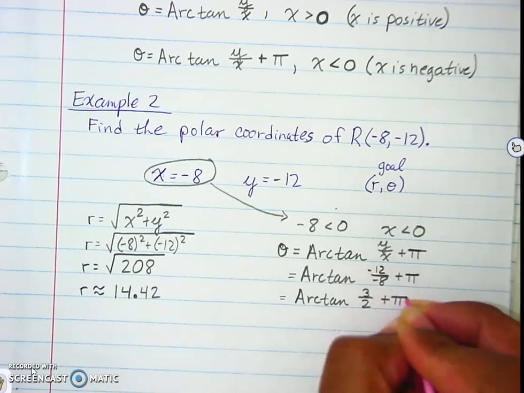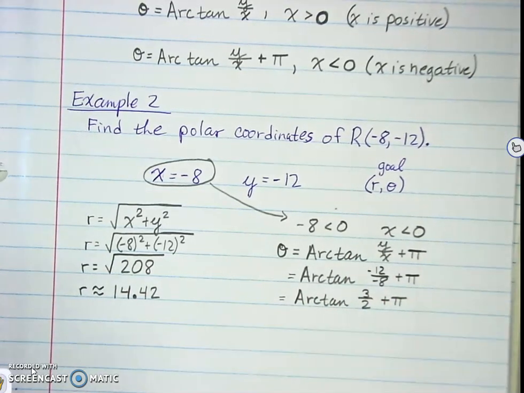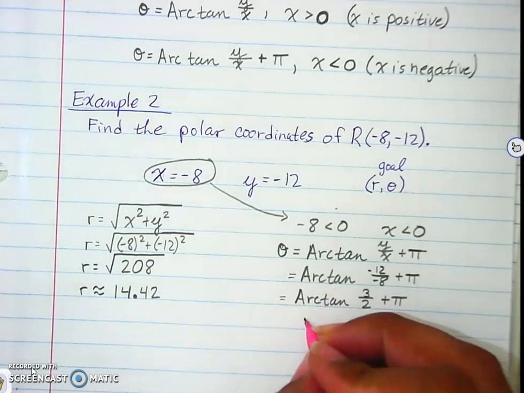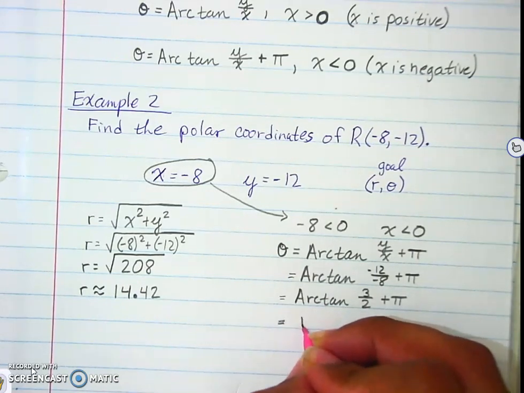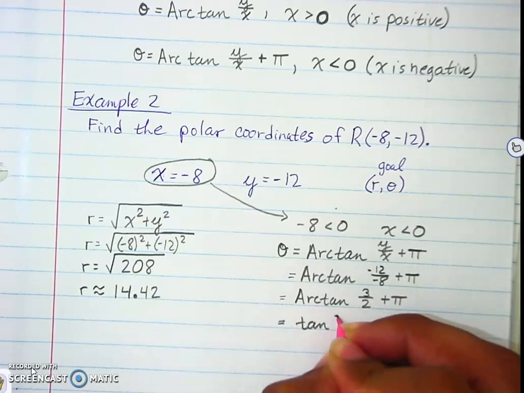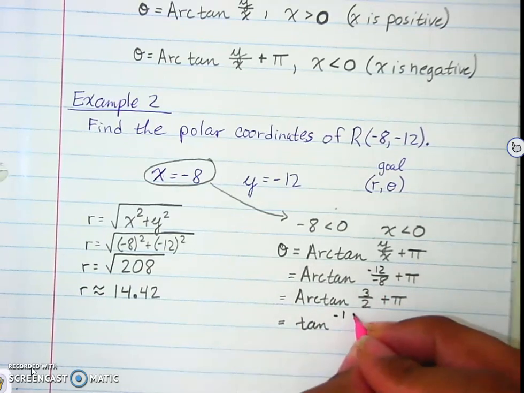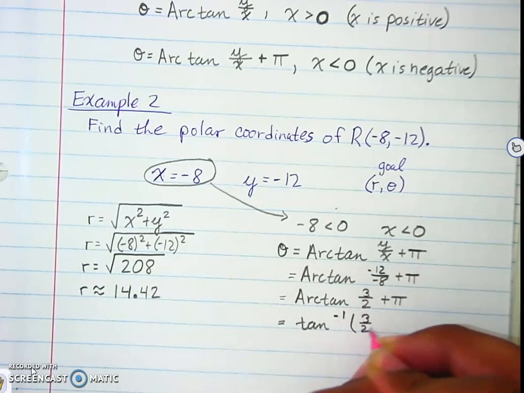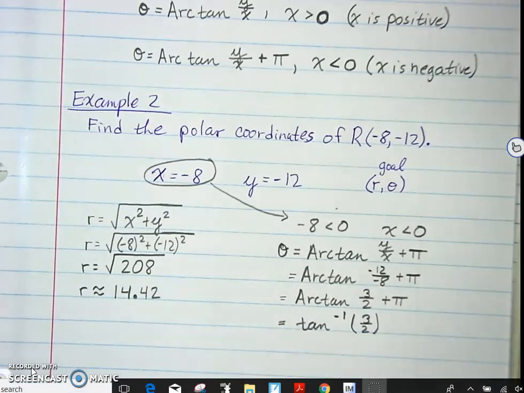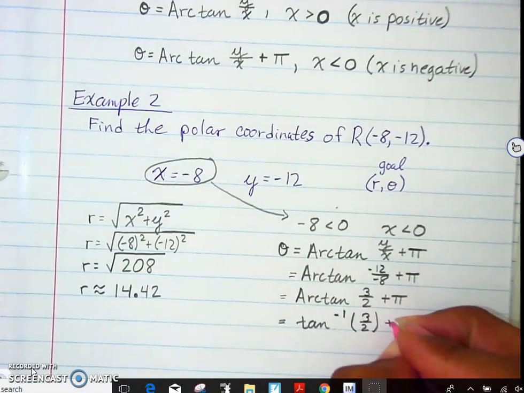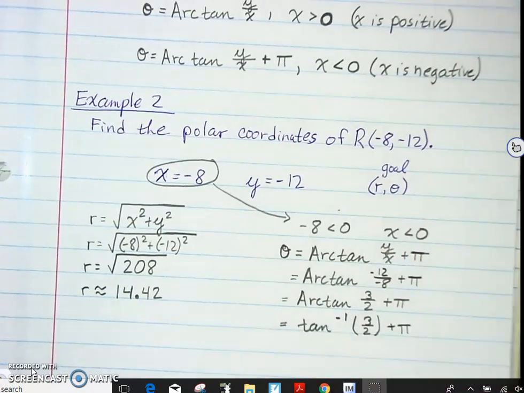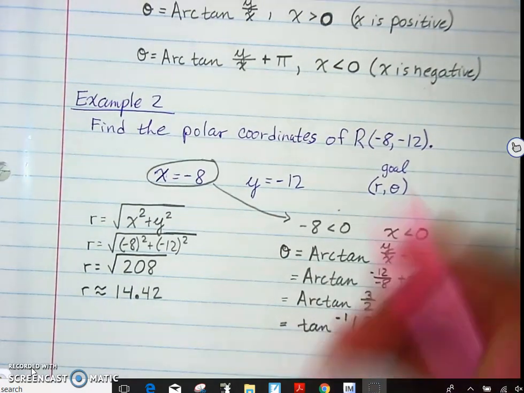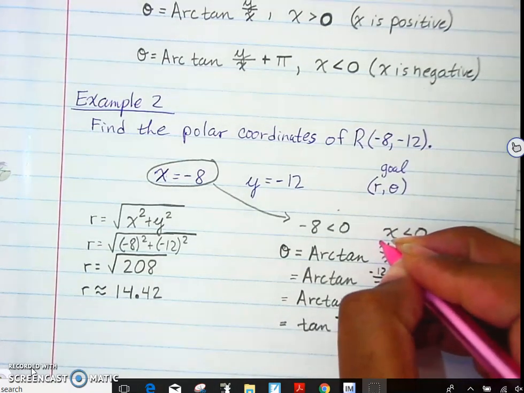And at this point, it will be fine for me to tell you to go ahead and put that into the calculator. So remember, arc tan is the same thing as saying tan inverse. So I'm going to just write this over again so that it's tan inverse, plus pi back here. And so with this, whenever you deal with our angles, let's just add these in.